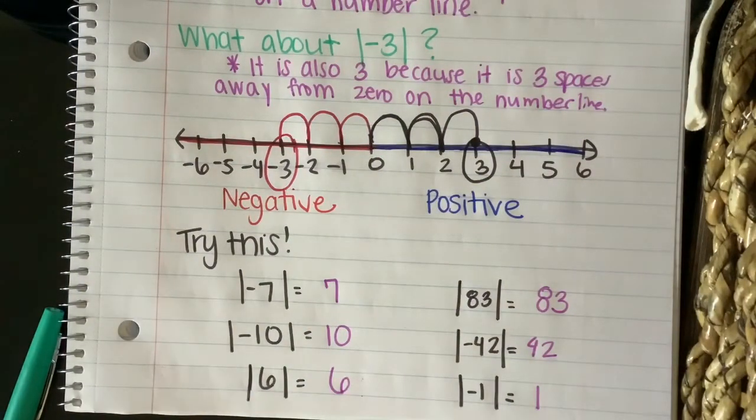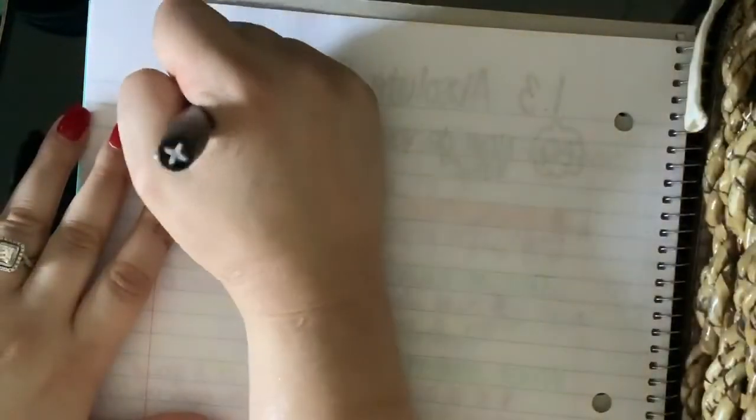All right, let's do another try this on the back page. All right, here is your task. Write 2 numbers that have the same absolute value.